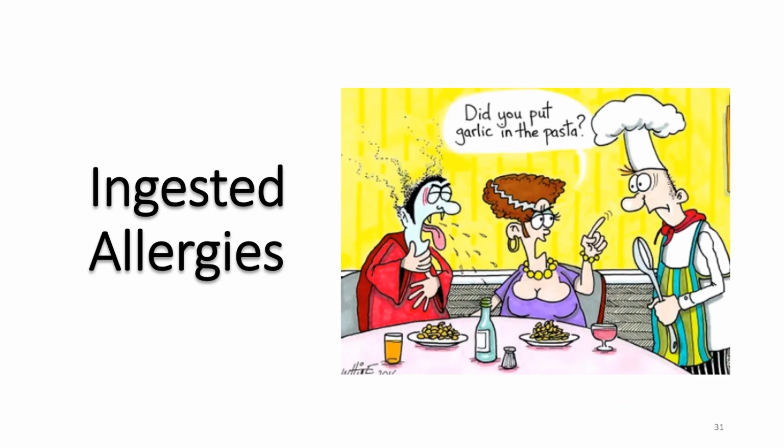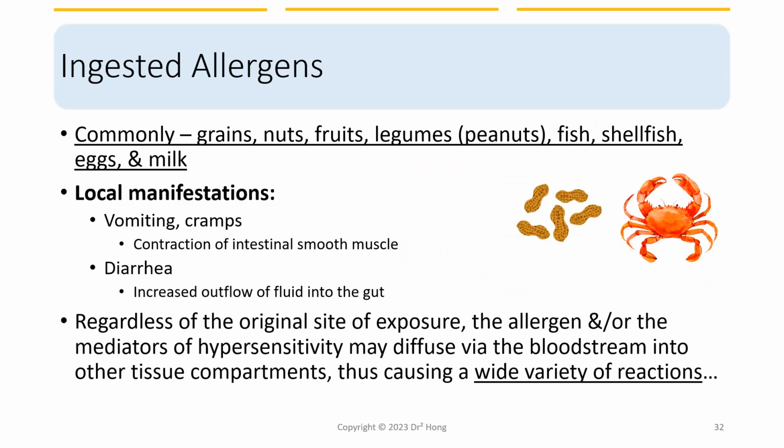What about food allergies? Food allergy, in other words, is caused by ingested allergens, commonly from eating grains, nuts, some fruits, legumes such as peanuts, fish, shellfish, eggs, and milk. Ingested allergens are broken down into peptides by the stomach and intestine, and in fact, they can be a perfect source of peptides to bind to Th2.